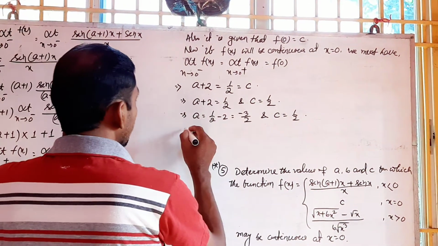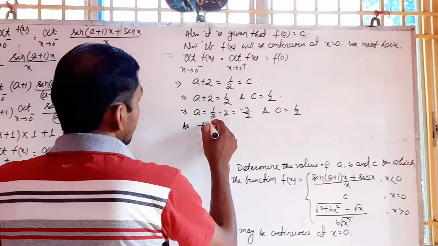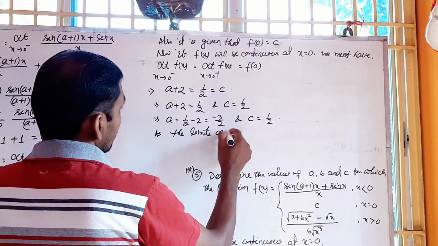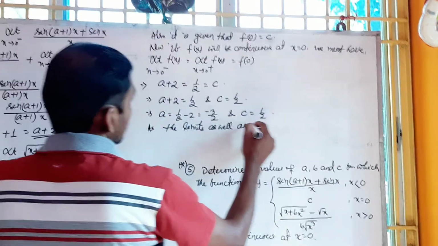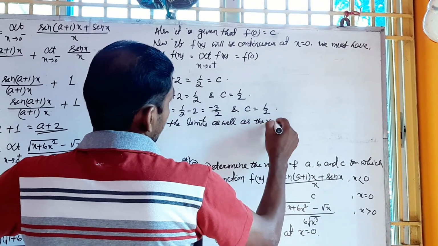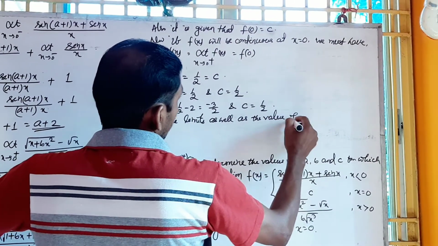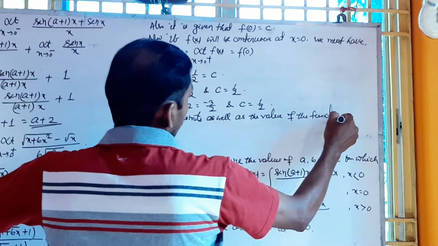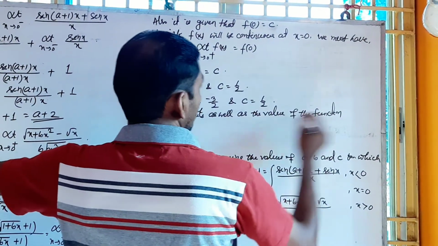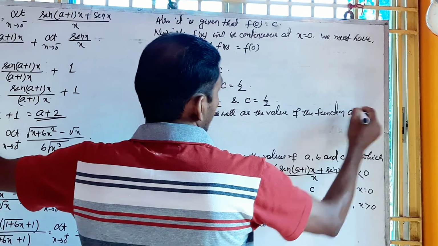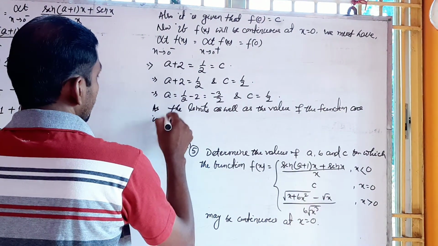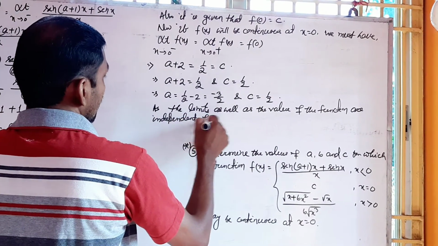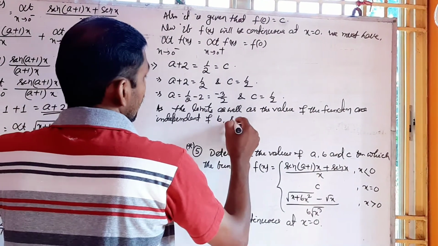So here you write, the limits as well as the value of the function are independent of b.